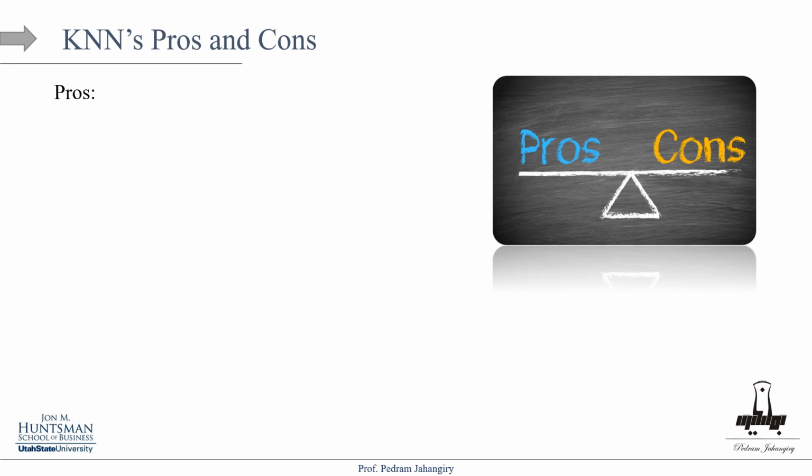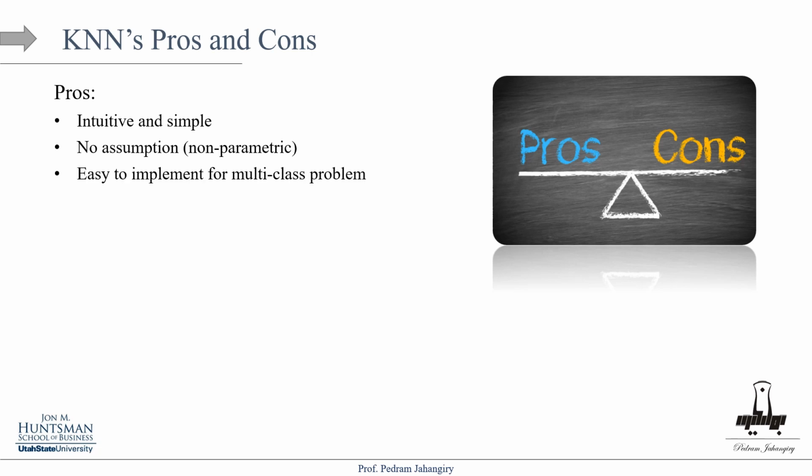Let's talk about KNN's pros and cons, starting with the advantages. KNN is a very intuitive and simple model. We already talked about the algorithm, both for classification and regression, and we know that it's very simple to implement. It's a non-parametric model, which means that you're not going to impose any functional form or assumption on the distribution of the data. It is easy to implement for multi-class classification problems. This is one of the biggest advantages of KNN.